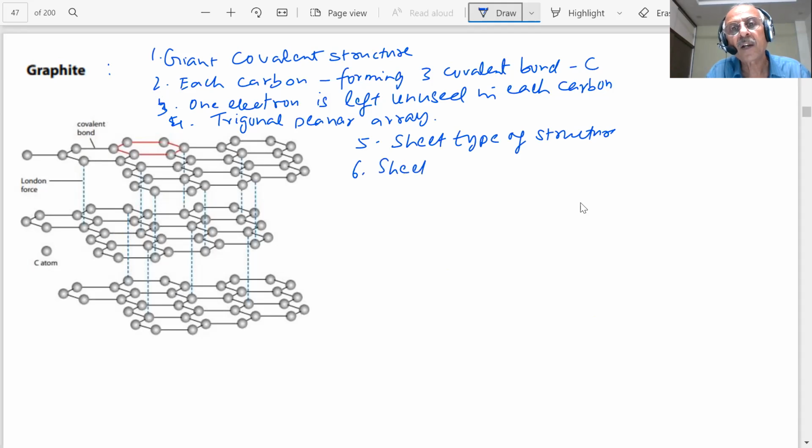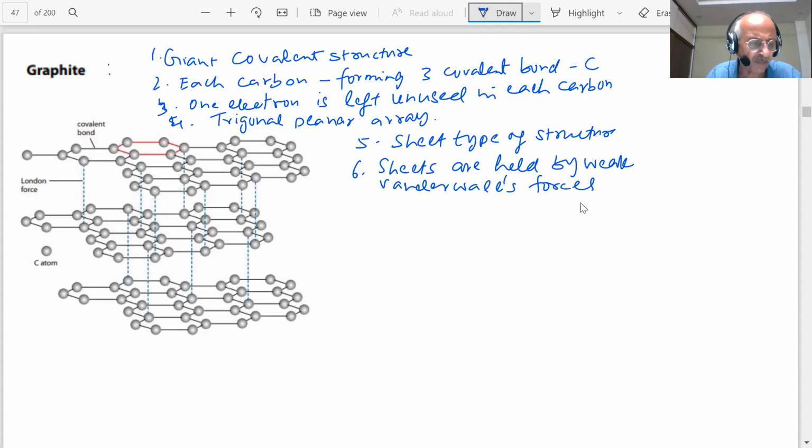The sheets are held by weak van der Waals forces. Since the forces are weak, the sheets can slip one over the other. That is why graphite has lubricant properties.